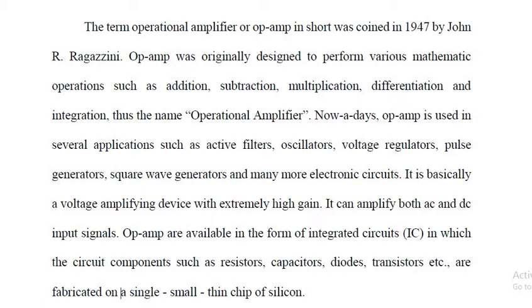As I said earlier, in an amplifier the gain should be greater than 1. That is, it should have extremely high gain. It can amplify both AC and DC input signals.